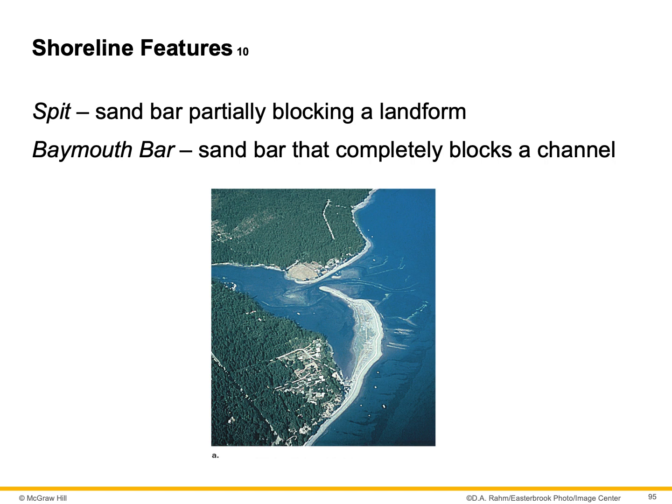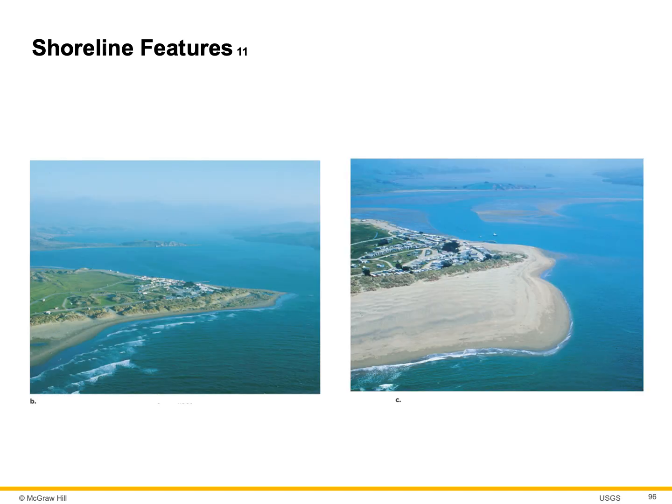And this one is just about blocking this channel right here. This is Puget Sound. It's almost cut off from the ocean by a narrow spit that could become a baymouth bar. This is Tomales Bay near Point Reyes in California before a storm.